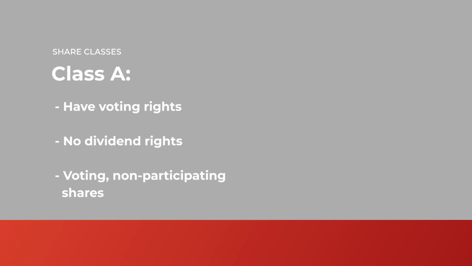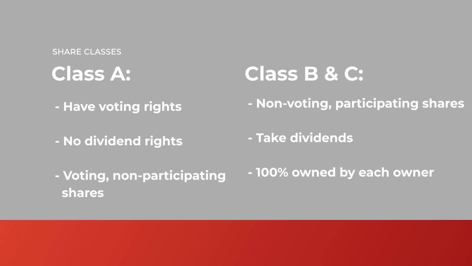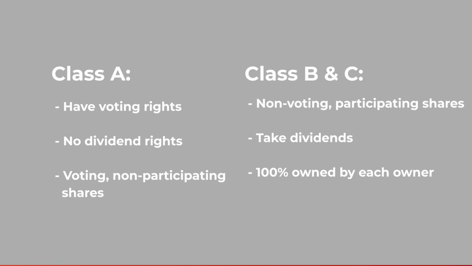That's all cool. Then we're going to create some Class B's that are non-voting and participating shares that can take dividends but have no votes attached to them. We're going to have owner number 1 own 100% of those. And then we're going to have Class C's. Again, owner number 2 owns 100% of those, and that's their dividend class of shares.